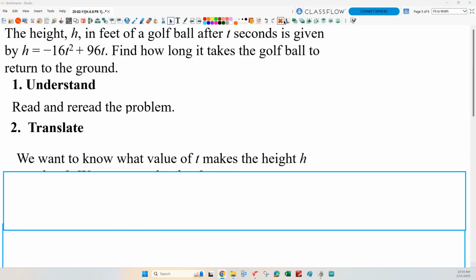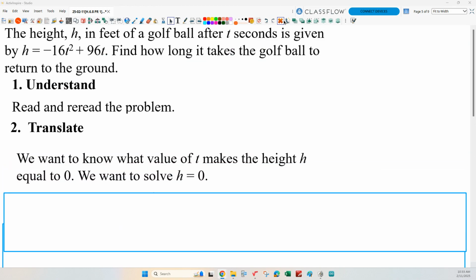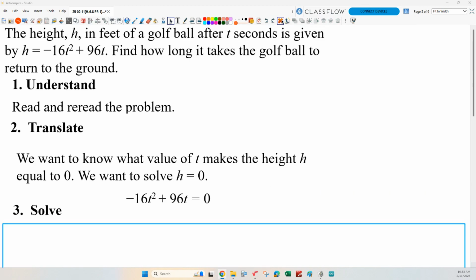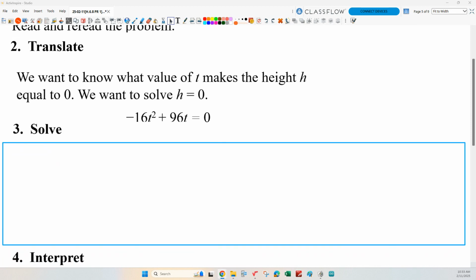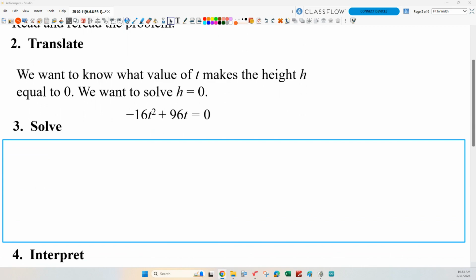So we want to know what value of t makes the height equal to 0. So we're just going to solve the equation h equals 0. Well, h is equal to this expression, so negative 16t squared plus 96t equals 0. That's what we're solving. Now we can just flip into math mode and go to town, right?